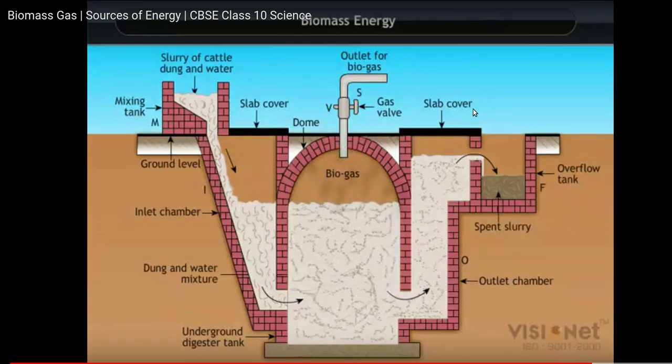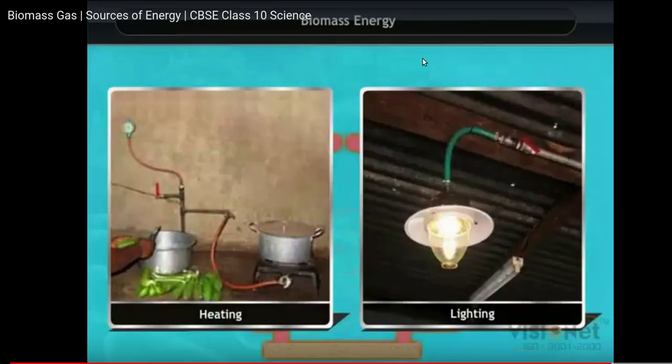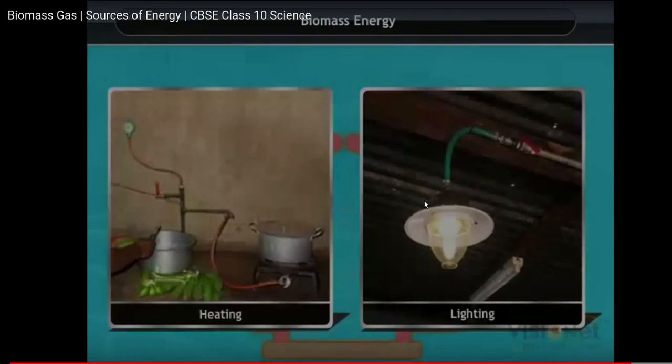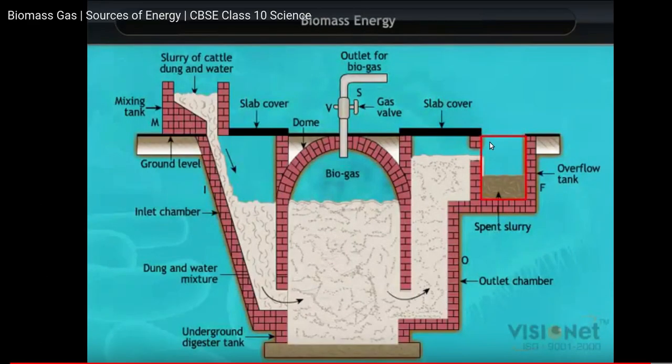The biogas goes out and is used for either lighting or heating. Biogas is used straight away for heating, and for lighting a little more effort goes in to get the biogas to light up a lamp. So this is how biogas works, and the spent slurry we will now use as manure.